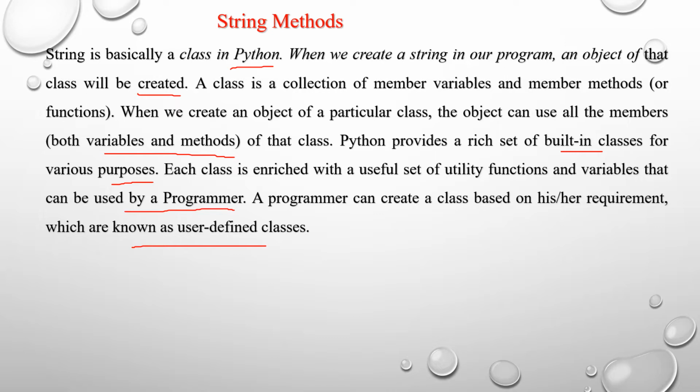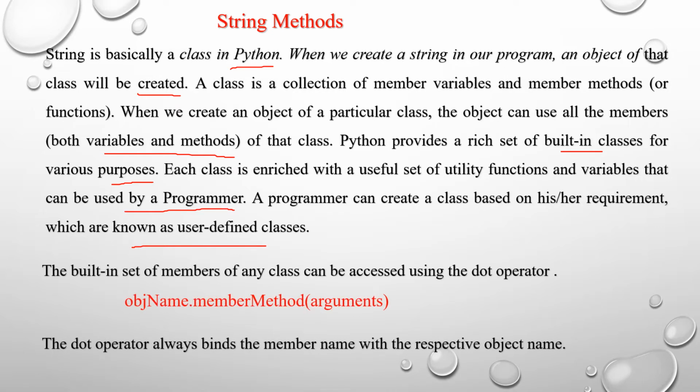If you want to call a built-in method, we use the object name, the dot operator, the member method, and the respective argument. The dot operator always binds the member's name with the respective object.